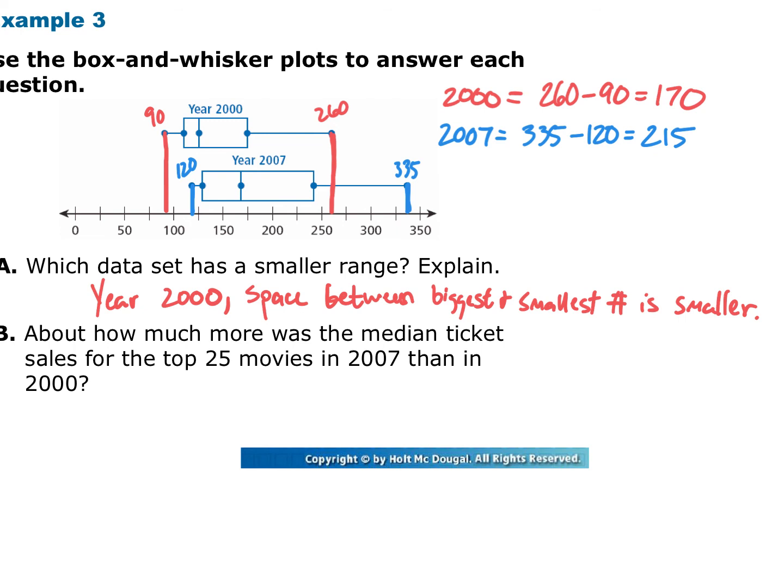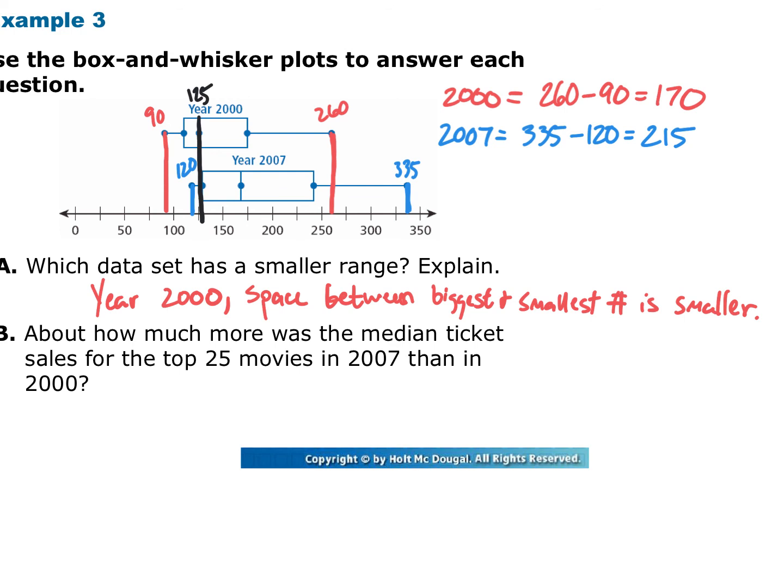All right, and then just trying to finish before the bell, how much more was the median ticket sales for the top 25 movies in 2007 than in 2000? So that's just looking here again at the medians. If you drop that one straight down, I'd say that's pretty close to being 125.